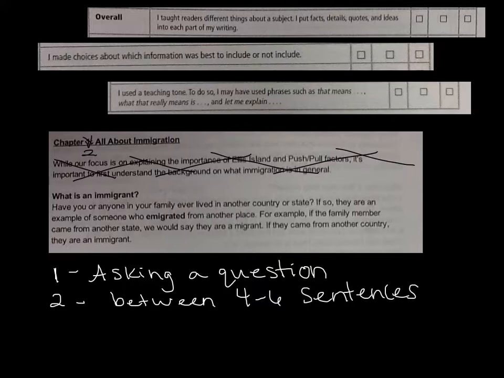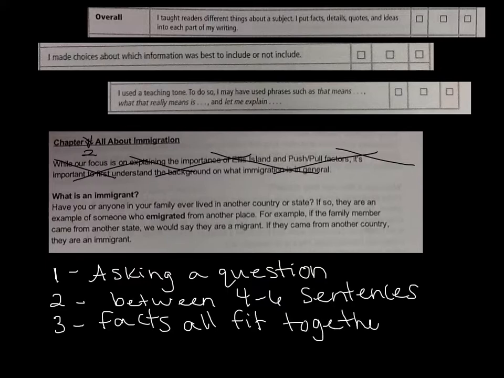We also know it's a good paragraph because it has some facts, and they all fit together. What else do you notice I have included in this paragraph? If you said bold words, you're right. If you come across a word that you think your reader might not know, you need to put it as a bold word.